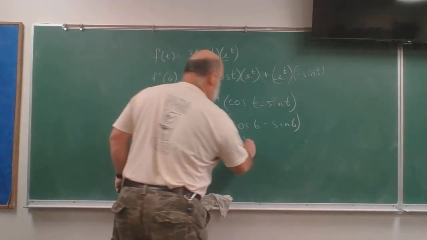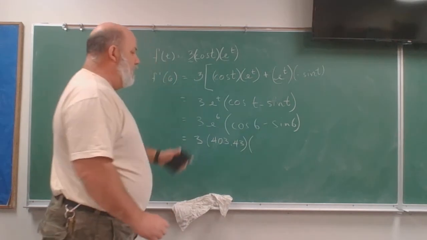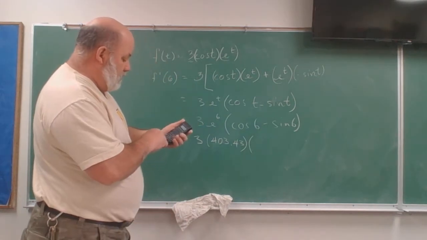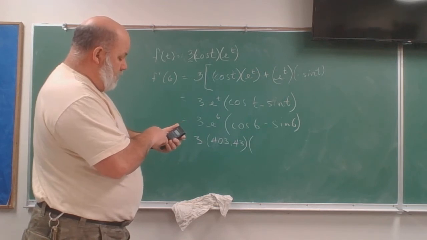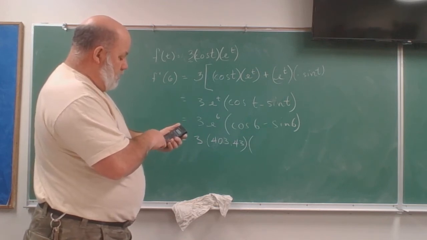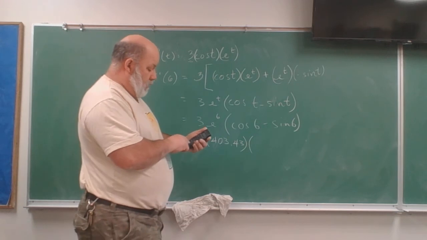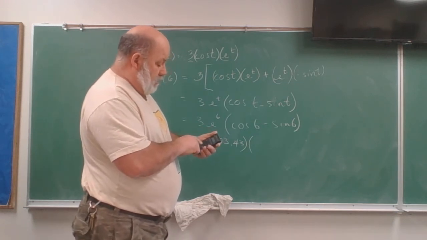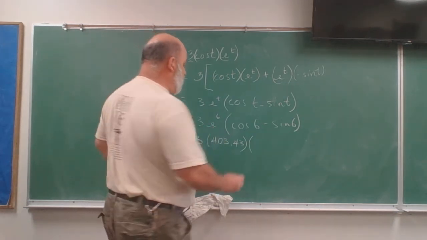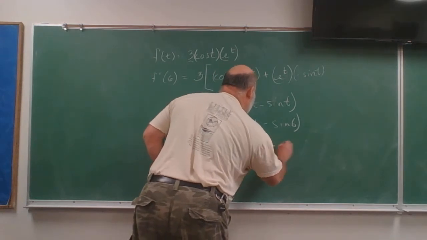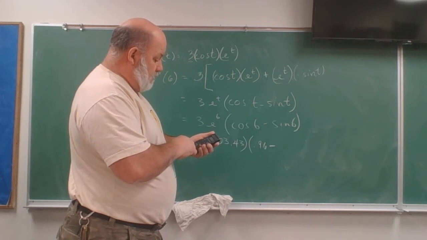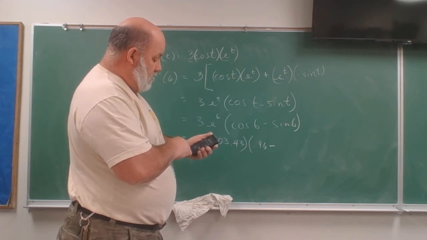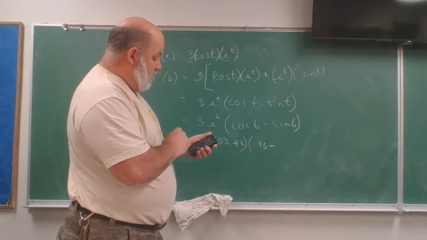Then I'm going to do cosine 6 minus sine 6. I'm going to work it out. I'm going to go 6. Oh, I'm not in radians. Mode 5. So here we go. 6, and I'm going to take the cosine. It gives me 0.96 minus, clear, I'm still in radians, that's good, minus 6, take the sine of that.